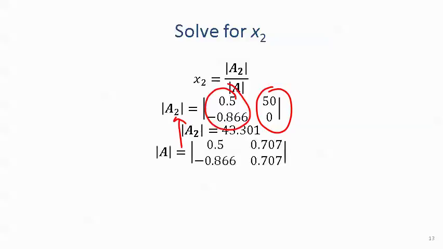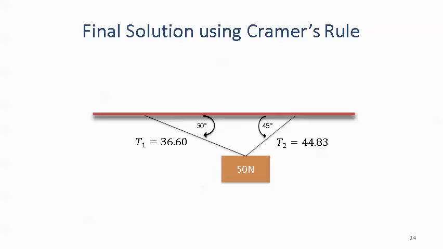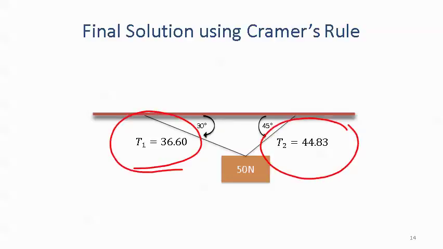We already know the determinant of A, 0.966, so dividing 43.301 by 0.966, we come up with 44.83. And we find that as with the other techniques, we come up with the same solutions. So we find that Cramer's rule works very nicely for us.